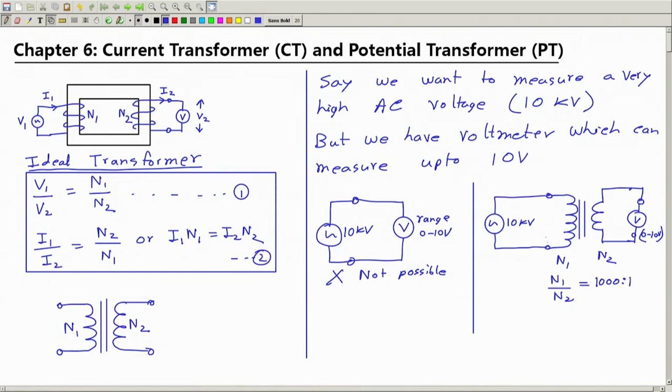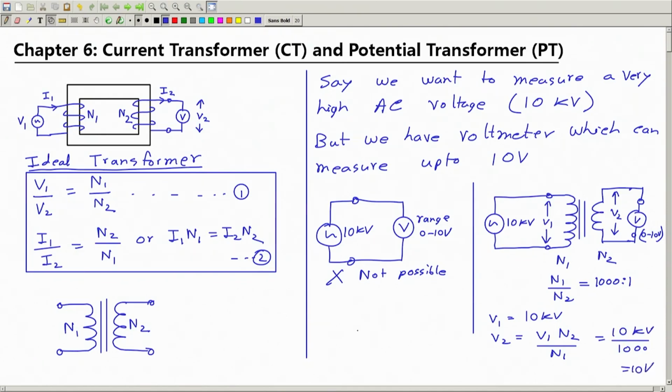So, the voltage 10 kilovolt will be stepped down by a factor of 1000. If this voltage is V1, which is 10 kilovolt, then V2 will be V1 multiplied by N2 by N1, and N2 by N1 is 1 over 1000. So, 10 kilovolt by 1000 is 10 volt.